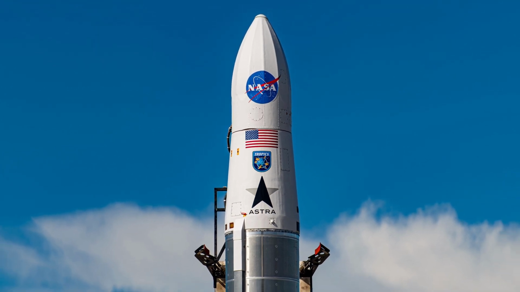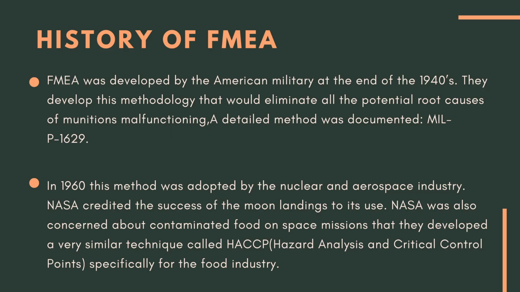NASA credited the success of the moon landing to its use. NASA was also concerned about contaminated food on space missions, so they developed a very similar technique called HACCP, hazard analysis and critical control points, specifically for the food industry.